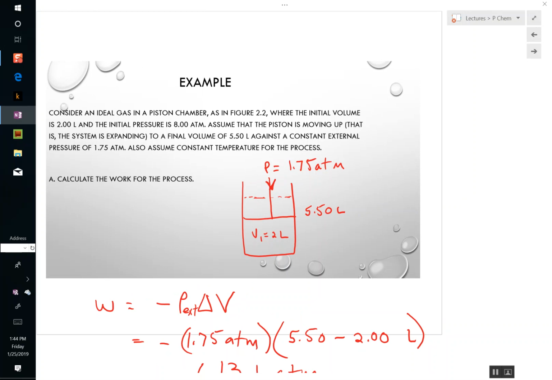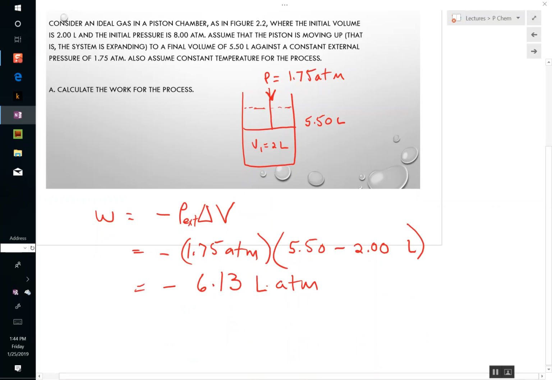The system is doing work on the surroundings. It's expanding. So the system is doing this work. Work refers to the system, and negative work would be it doing work.